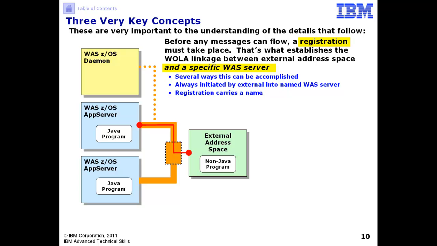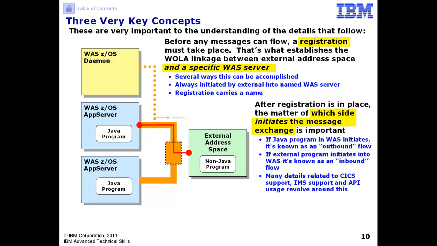The act of registration is always initiated by the external address space. Registration is what signals to the daemon to construct the transfer control blocks and to ready the connection pool. The registration carries with it a name. This will become important when we explore the use of the native APIs and the Java programming considerations.